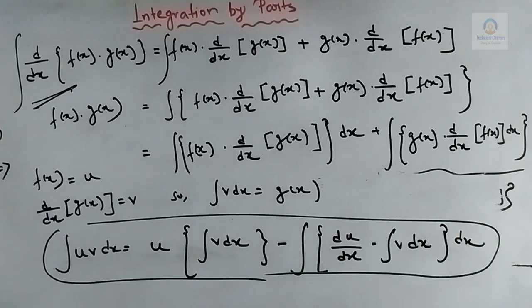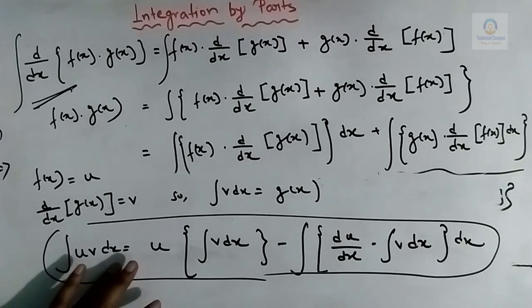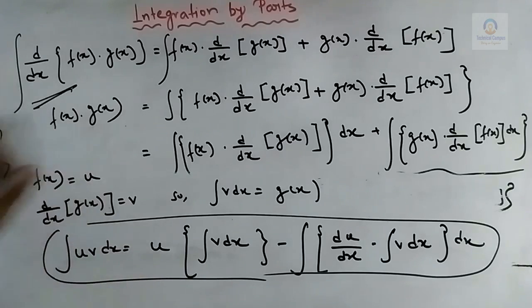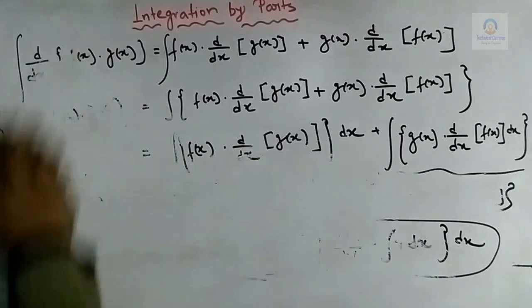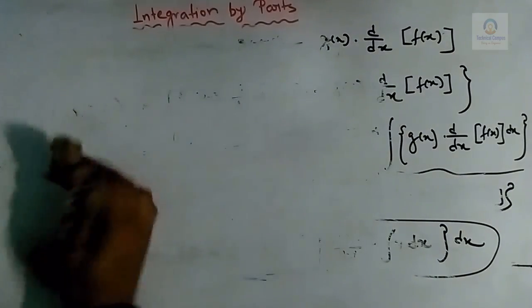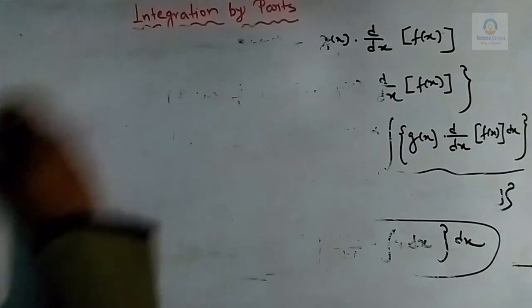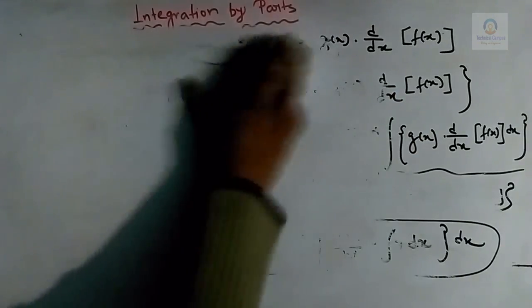So you can easily derive the formula of integration by parts using the product rule of differentiation. Let us learn some more things in order to use the formula of integration by parts. We have learned that while using integration by parts, we have to partly differentiate and integrate the function.